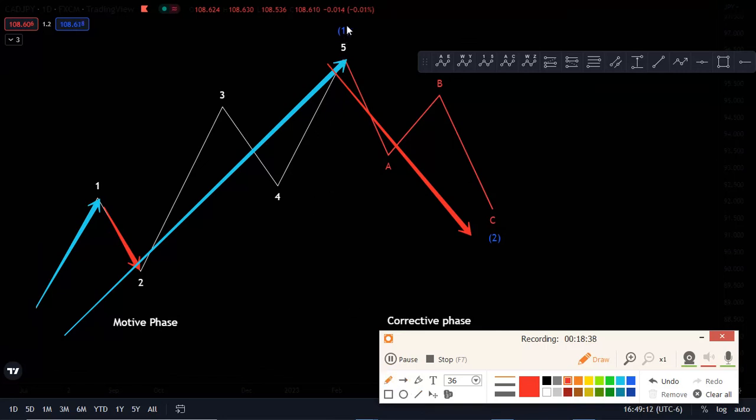These signified an intermediate degree. An intermediate degree consists again of the 1, 2, 3, 4, 5, which is a minor degree, and an ABC. So they form each other, they're building blocks.